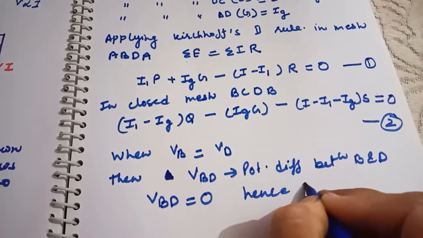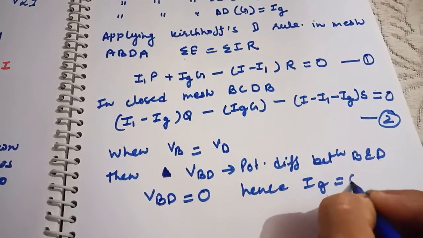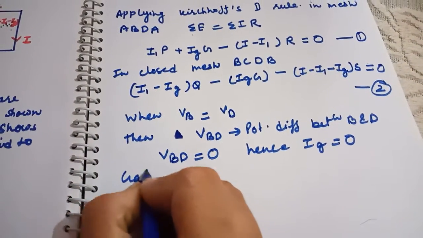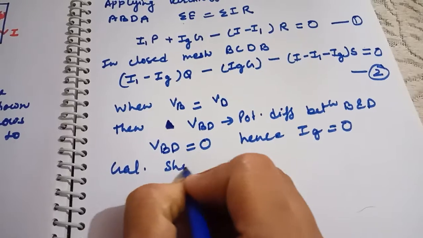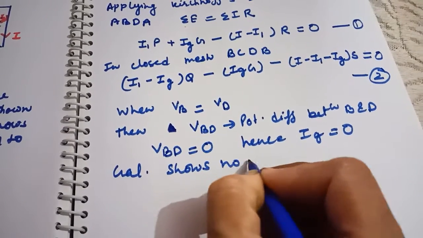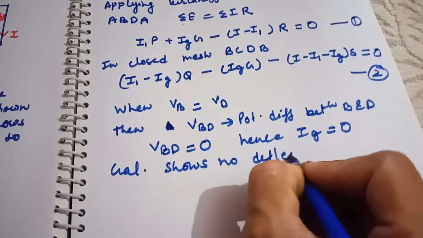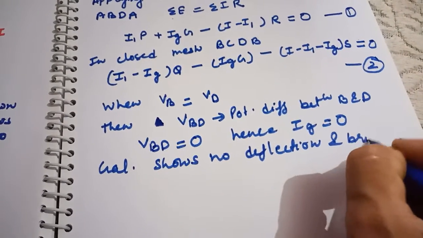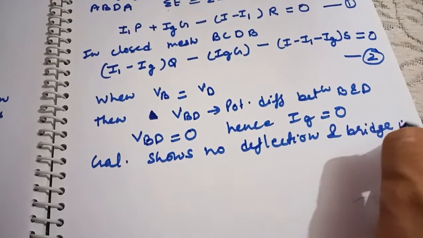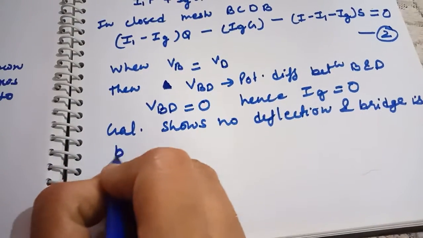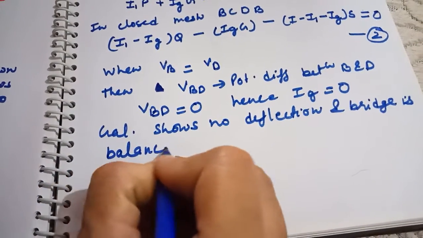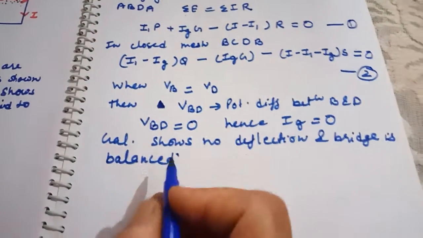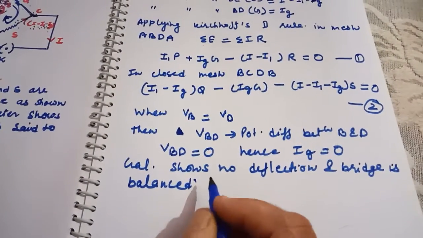Hence Ig is equal to 0 and the galvanometer shows no deflection, and the bridge is balanced. Now in this situation we have to find out the balanced Wheatstone bridge condition.